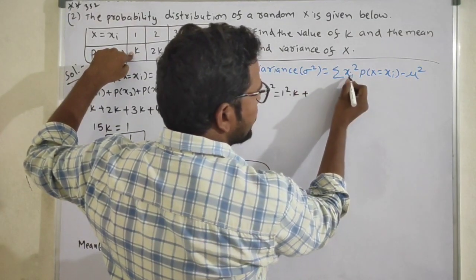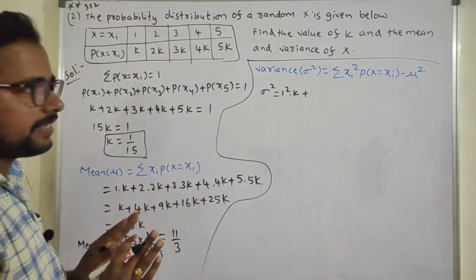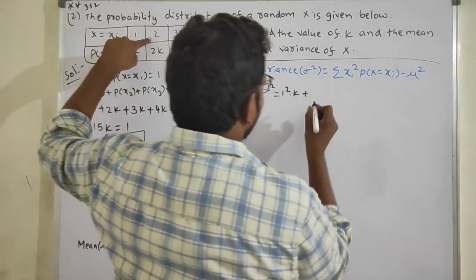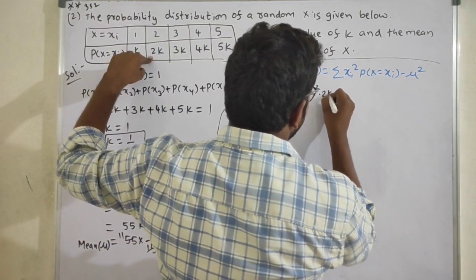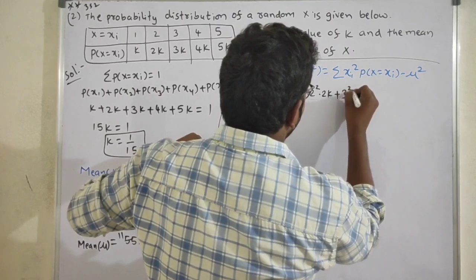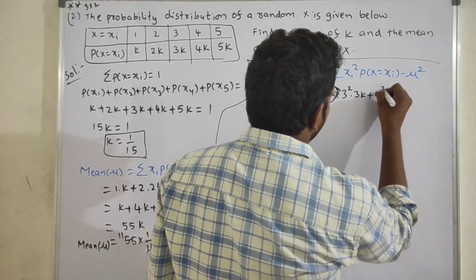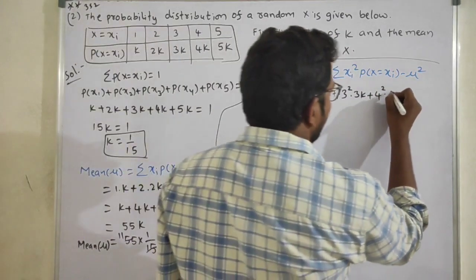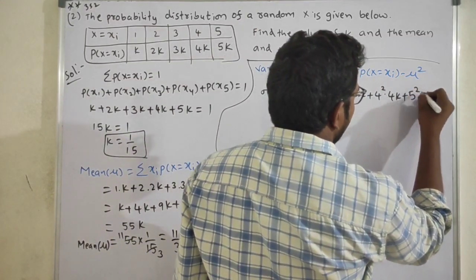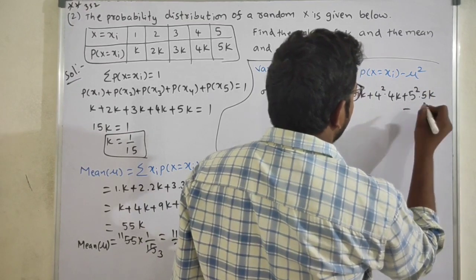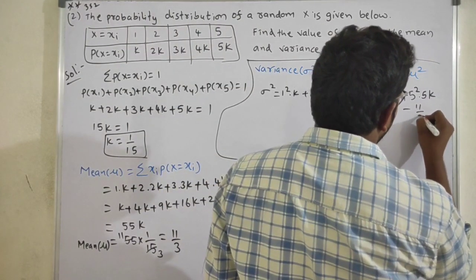Plus, only the outcome should be squared, not the probability. xi square means the outcome should be squared, don't get confused here. So second outcome 2 square into probability of 2 is 2k, plus third outcome 3 square into probability 3k, plus fourth outcome 4 square into probability 4k, plus next outcome 5, so 5 square into probability 5k, minus, what is the mu value? 11 by 3. Substitute the mu value, 11 by 3 whole square.